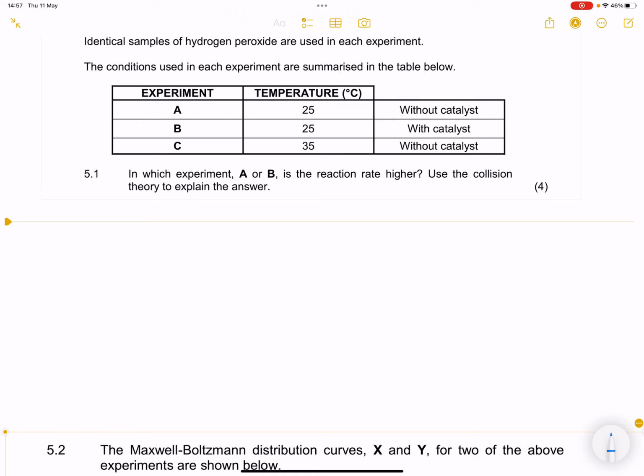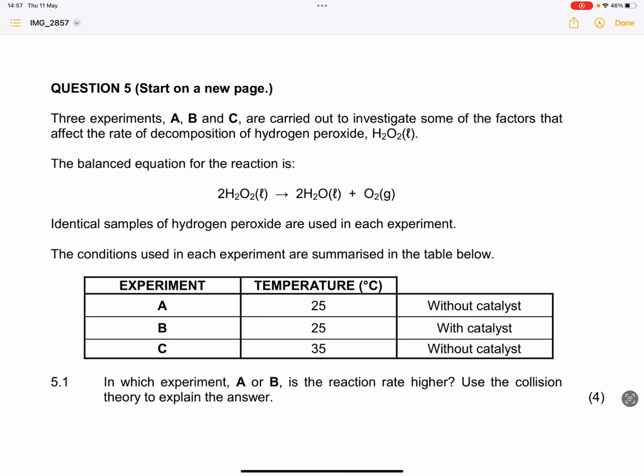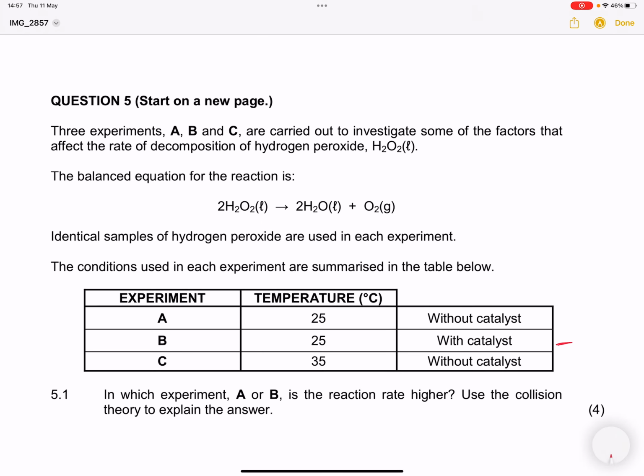So they say, in which experiment, A or B, is the reaction rate higher? Use the collision theory to explain. Remember, we're comparing A and B. We definitely are going to have experiment B having a higher reaction rate.